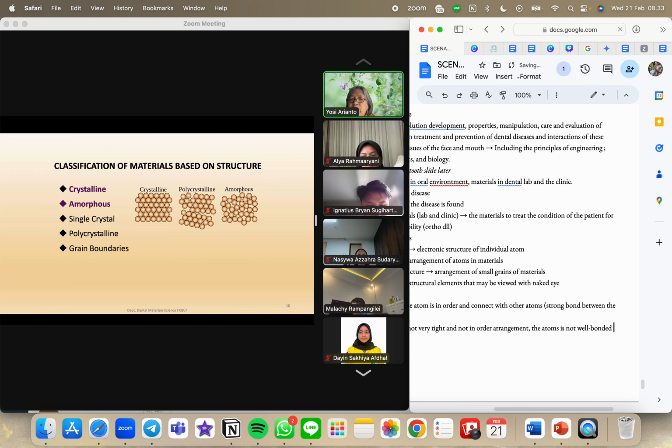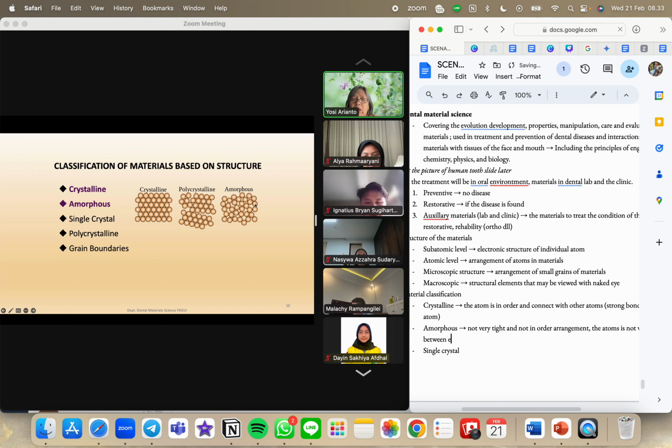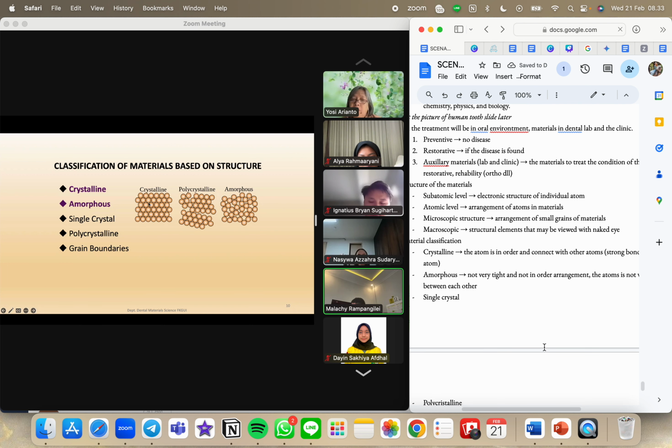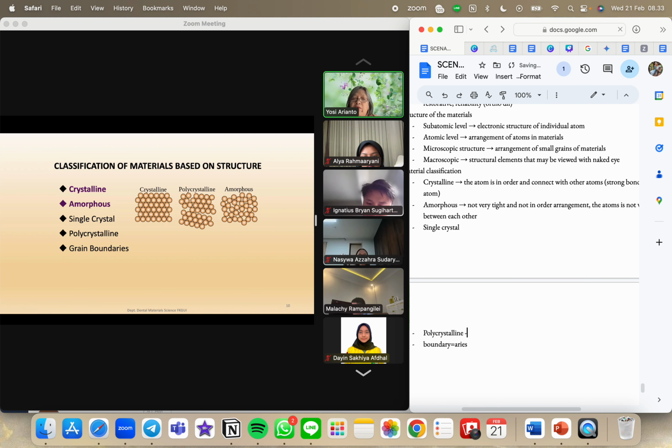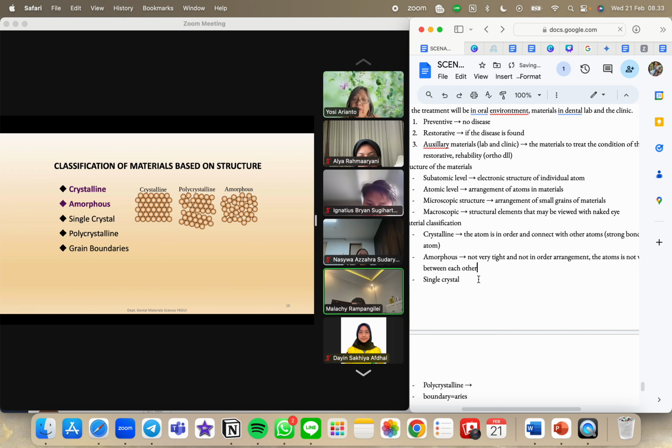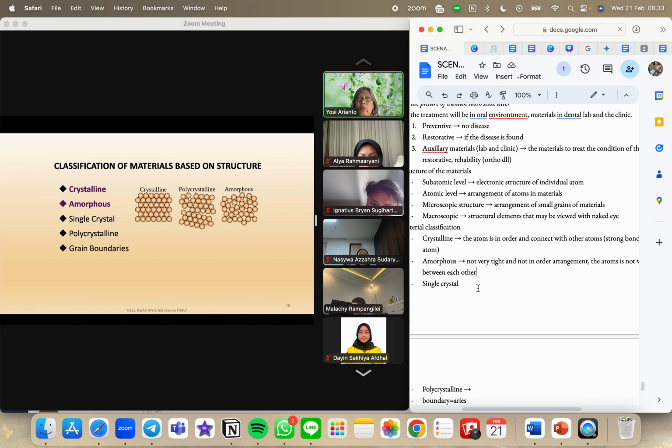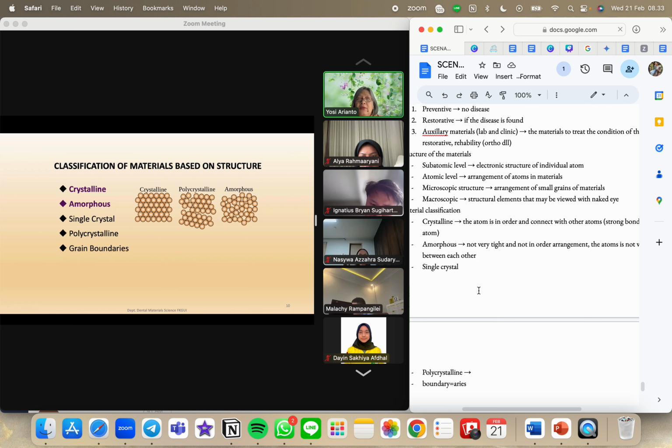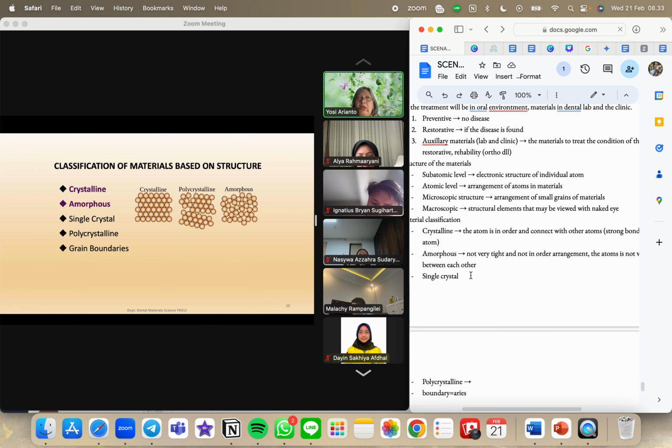That's why the amorphous one is different from the crystalline. If you give heat to the crystalline, they will melt, but it needs high energy of heat. But the amorphous is not like that, because their bonding is not strong.